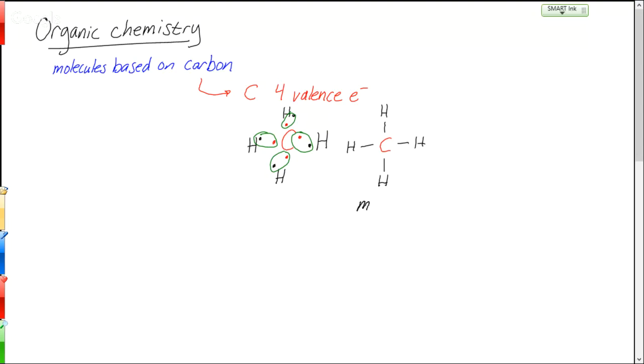This molecule has a name, methane, and it's the smallest organic molecule. So every pair or so of people build a model of methane. And this is how we're going to do it. Use the little black pieces, but be careful because some of them are a little bit different. I just noticed this.